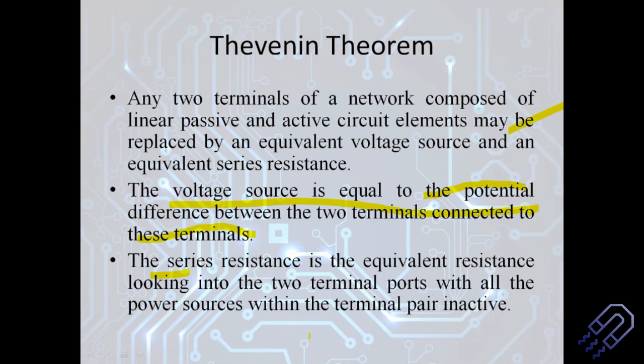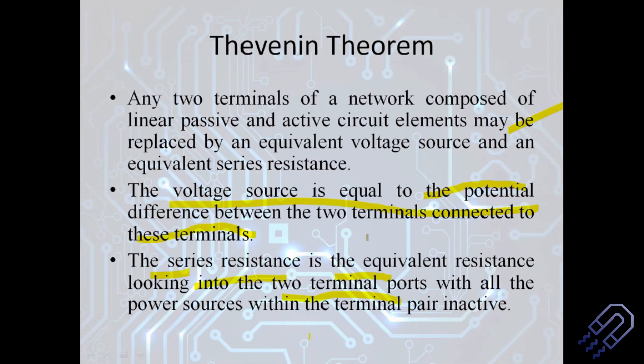And what is the series resistance that we are talking about? The series resistance is nothing but the equivalent resistance when we look into the two terminal port with all the power sources within the terminal pair inactive. What does this mean? You want to find the equivalent resistance, the total resistance of the system.